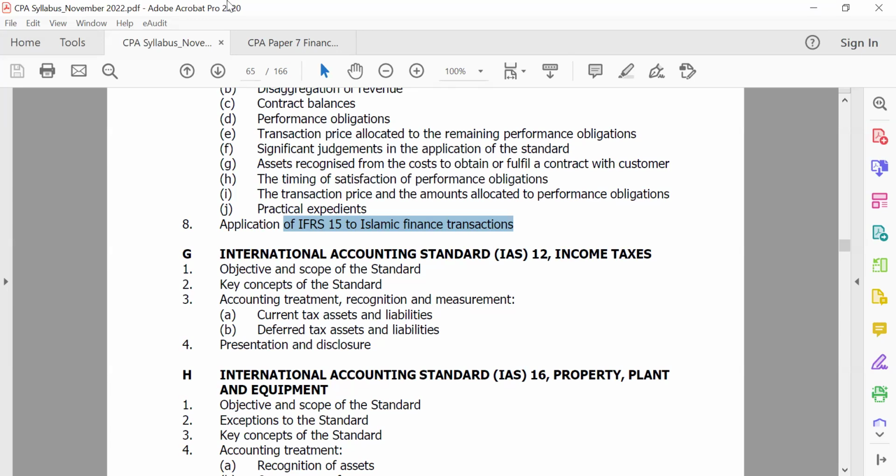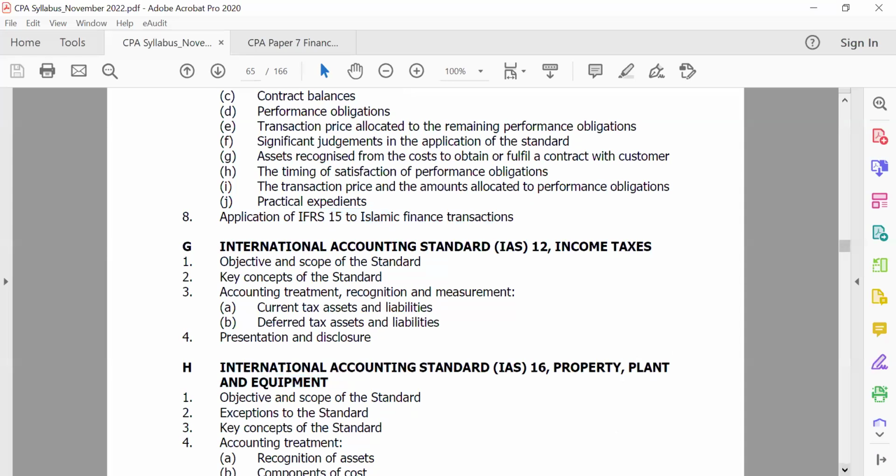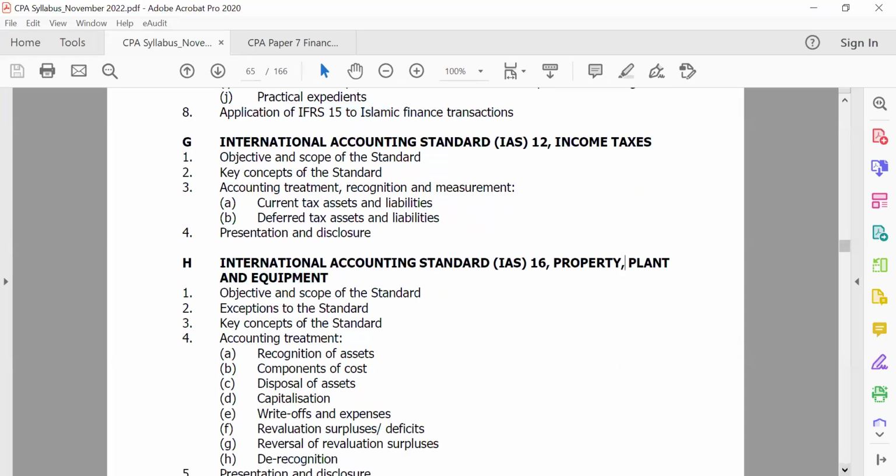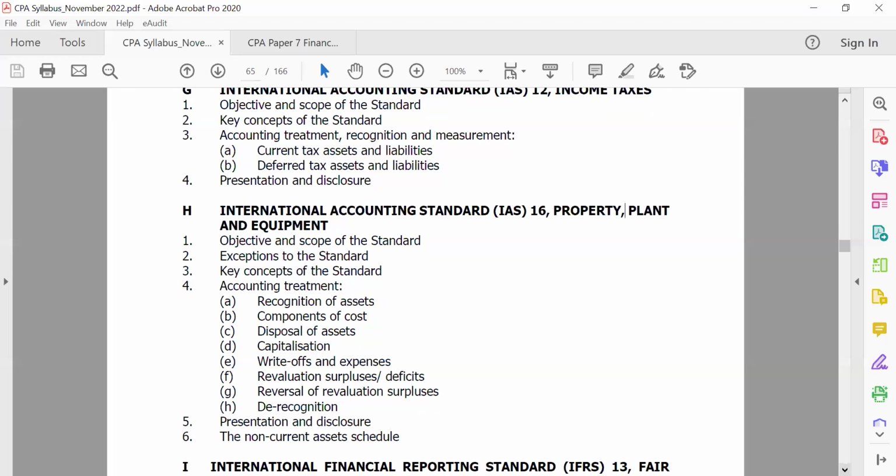And then we also have the International Accounting Standard IAS 16, property, plant, and equipment, which are your non-current assets that you draw from financial accounting. So we'll be able to understand the scope of the standard.